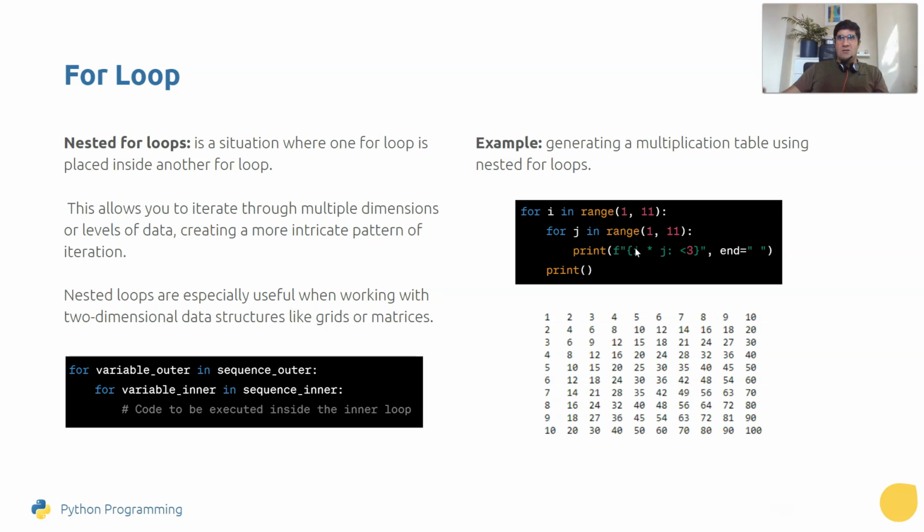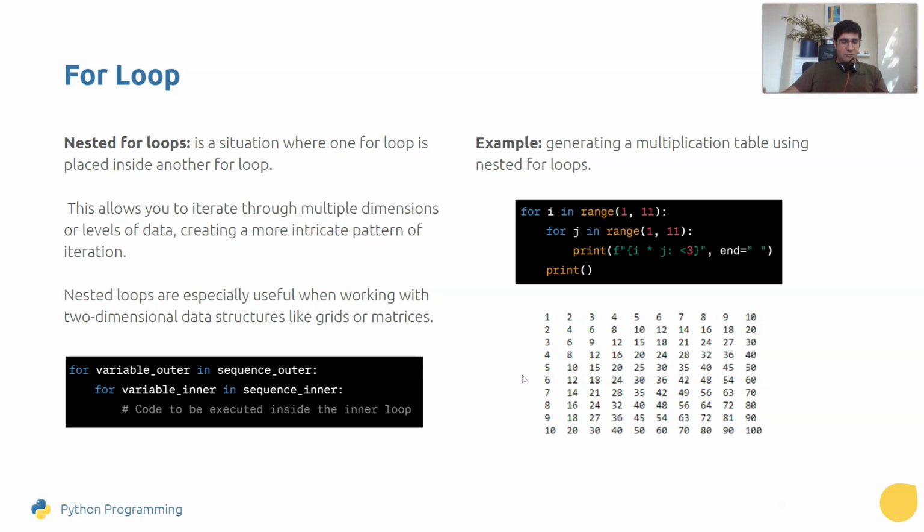So now i is 2, j is 2, 2 times 2 will be 4, and it will go up, assign 3 to j, j is 3, i is 2, 2 times 3 will be 6, and so on. So in fact, for each item inside the outer loop, we will iterate through all the items inside the inner loop, and it will print this table, or multiplication table, for us.